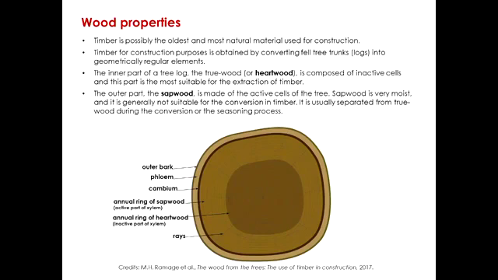It's not part of the tree as a living organism, all right? So that's all you need to know for the moment: the 2 parts made of inactive cells and active cells. And as it grows, it will also expand. And these 2 things will make sure that the anisotropic nature of this material will develop.